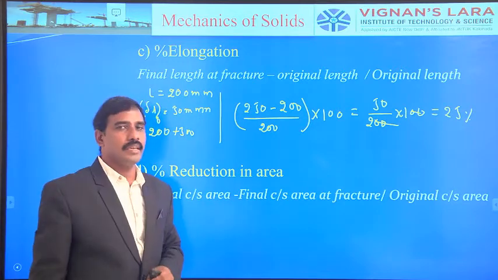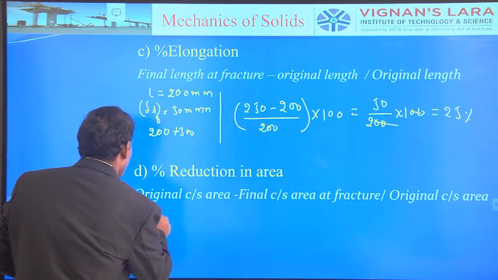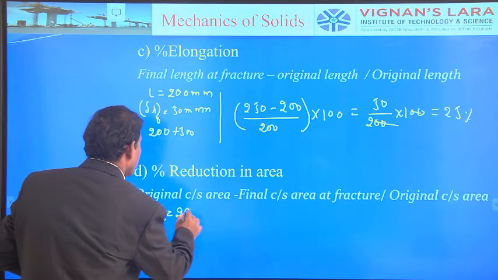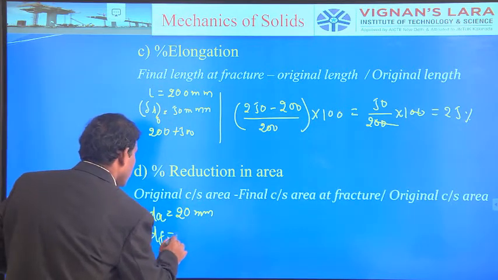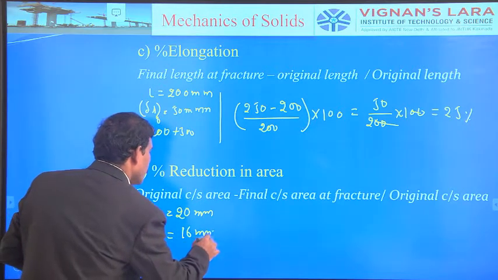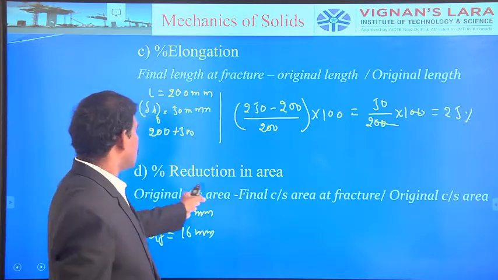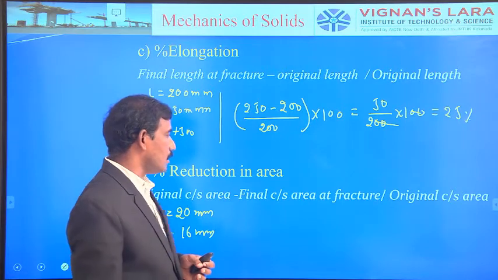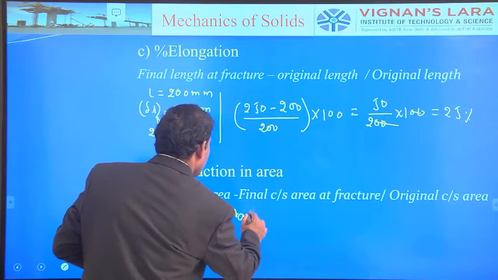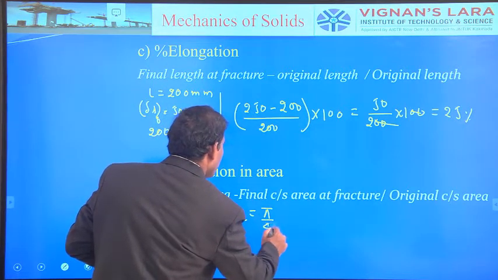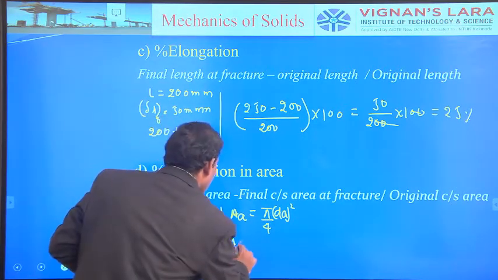Coming to the reduction in area, very simple. Initially, the diameter of the material is given as 20 mm. At fracture, its diameter is 16 mm. What we have to calculate is the reduction in area in percentage: original cross-sectional area minus final cross-sectional area at fracture. We can calculate the actual area A A is equal to pi by 4 d A square. That is the actual area. What about the area at fracture?